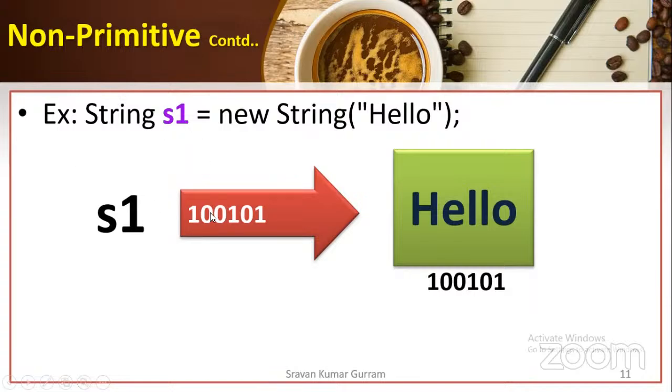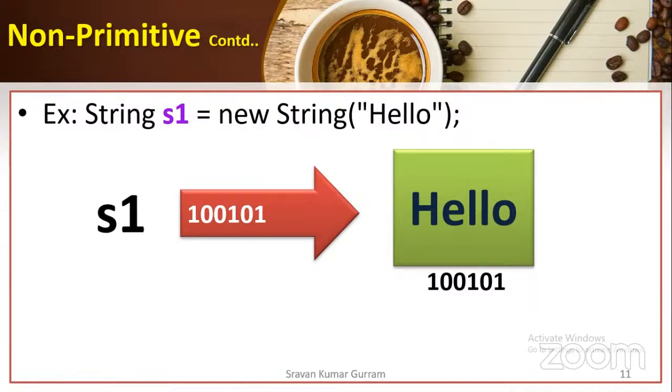Now observe here. What is this? This is a memory location. This cell's memory location is 100101. And S1 is the object. It gives a reference, pointing to the memory location where the actual string value hello is available. This is how non-primitive data types work internally.